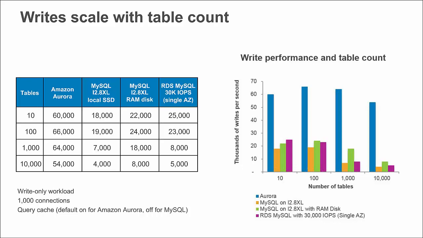One of the very interesting things you can see here is how consistent the performance of Aurora is compared to what MySQL provides, whether it is on RDS or on EC2.